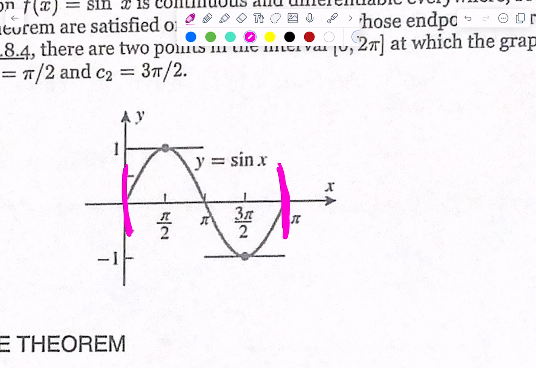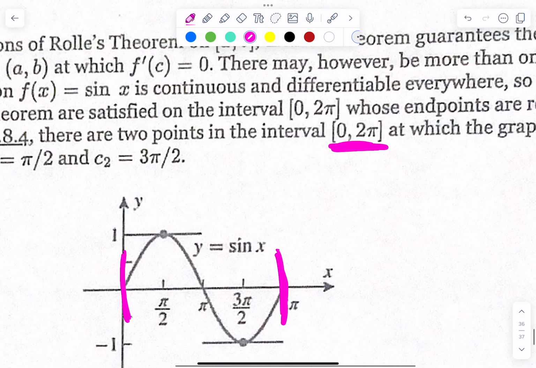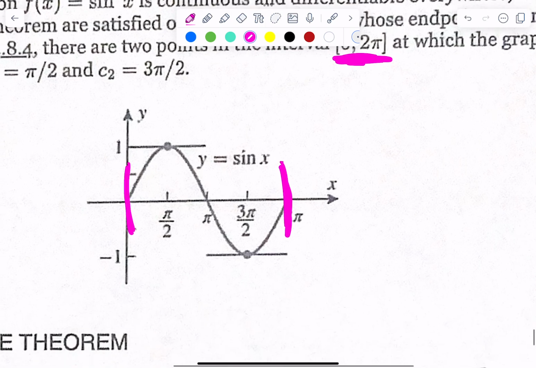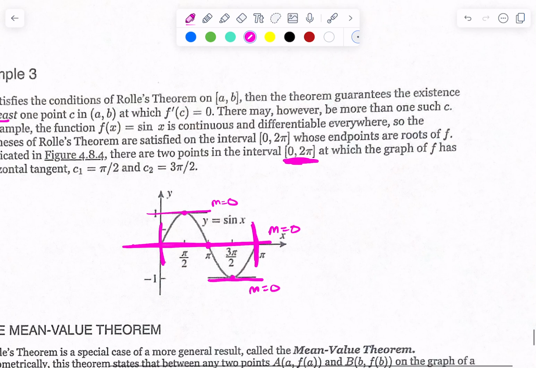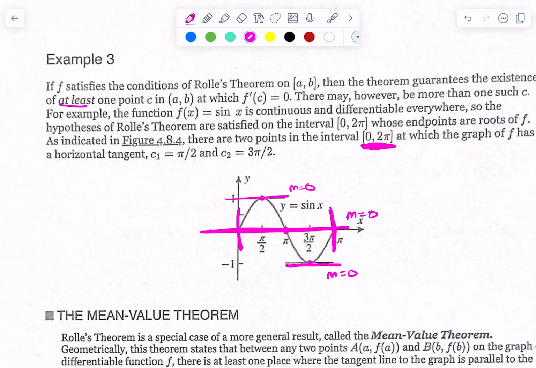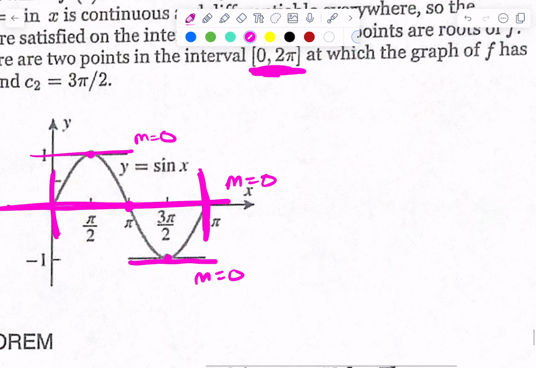The slope between my starting and ending points would be 0, so there has to be at least one place where the slope is also 0. In this case, there are 2 of them where the slope is also 0. So how do we find those 2 places? Take the derivative. What's the derivative of sine of x?